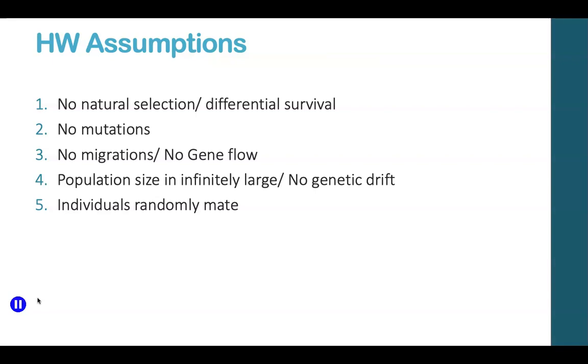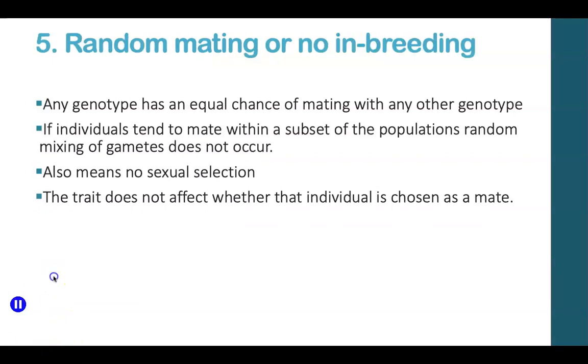In other words, every allele has an equal chance of mating with every other allele. So if individuals tend to mate within a particular phenotype, it means that random mating is not occurring.